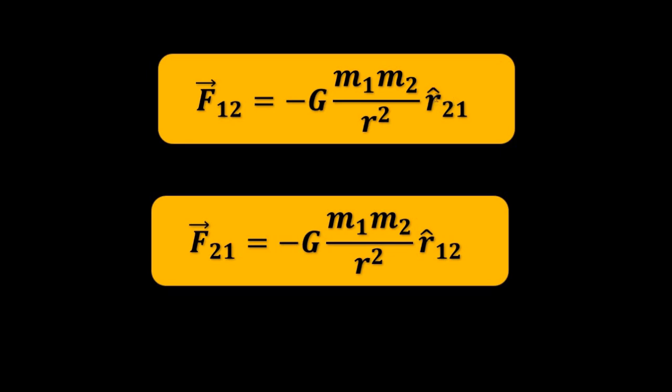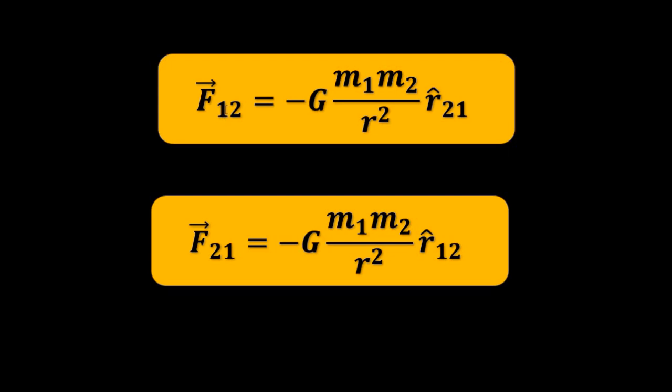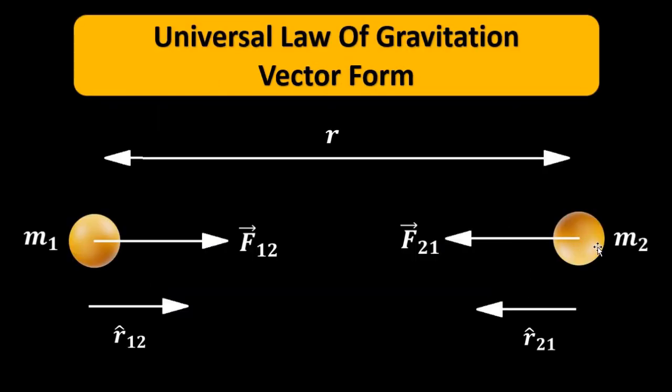Here F12 vector is the force exerted on mass m1 by m2, and the vector we are using is the displacement vector connecting m2 to m1.